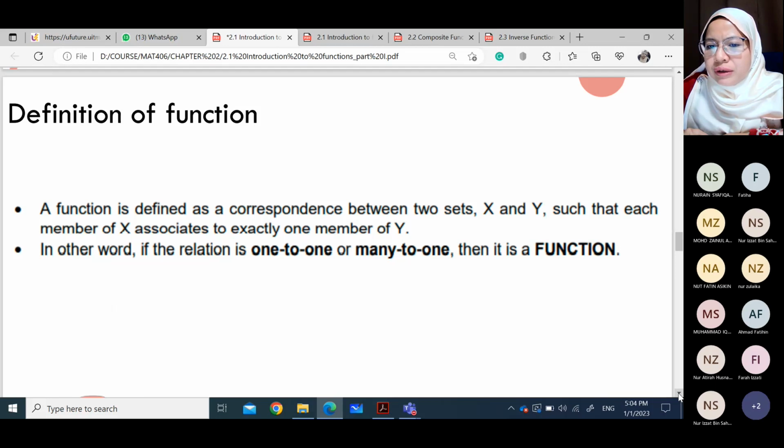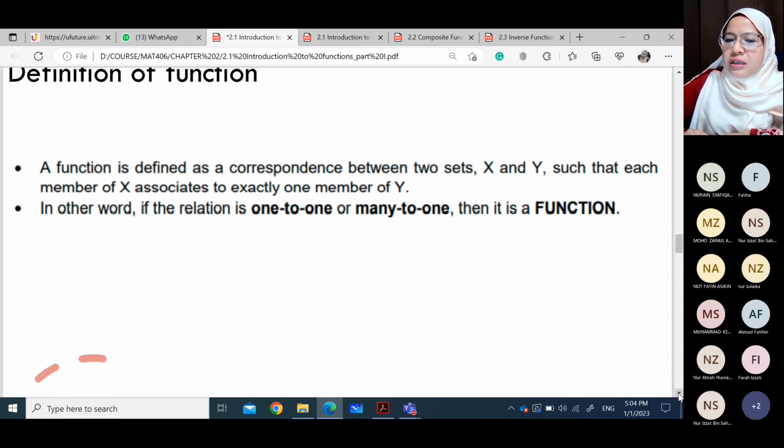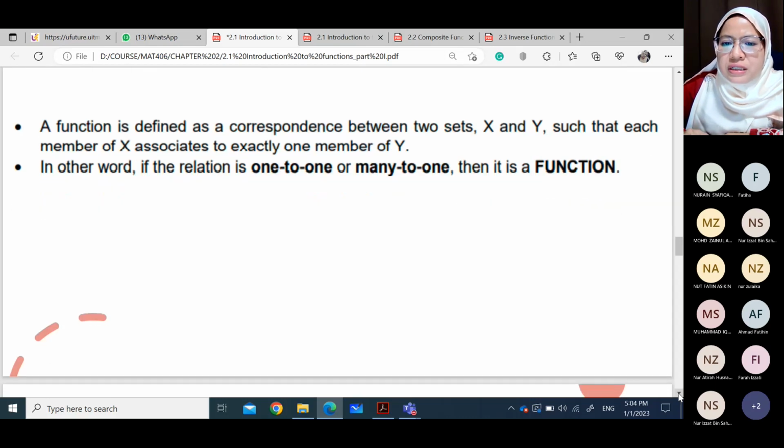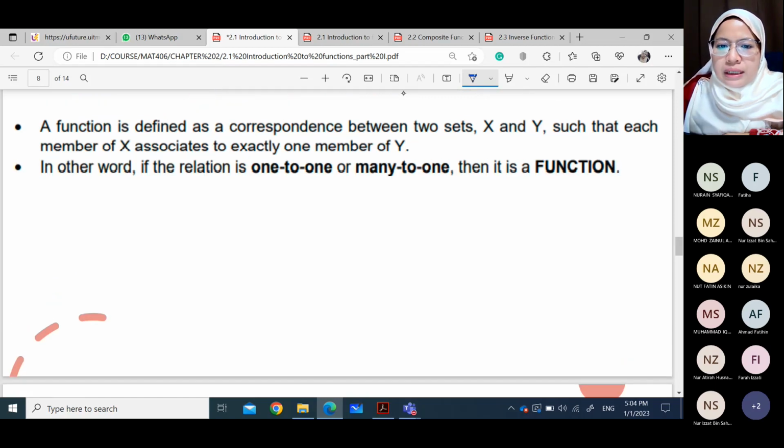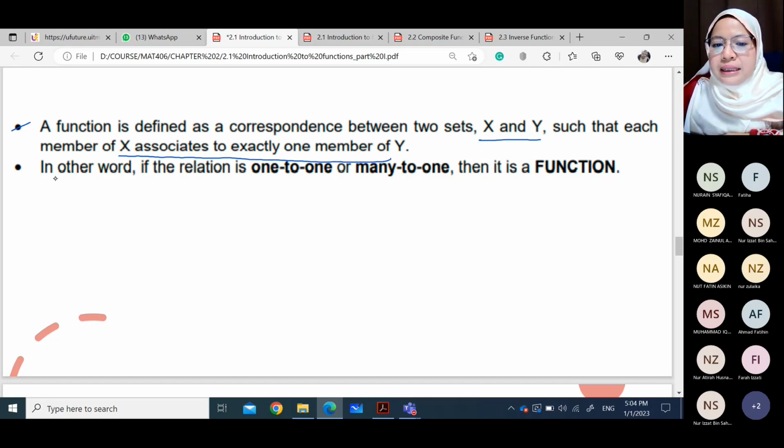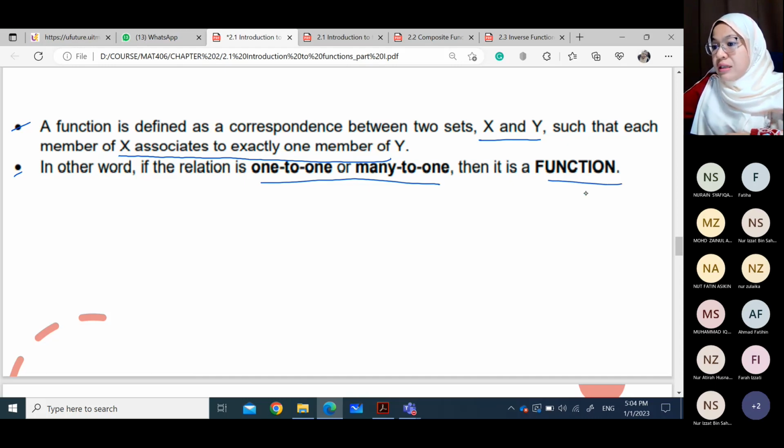Okay, so now we look at function. Just now was relation, so now is a function. First we look at the definition of function. A function is defined as a correspondence between two sets X and Y such that each member of X associates to exactly one member of Y. In other words, if a relation is 1-to-1 or many-to-1, then it is a function.